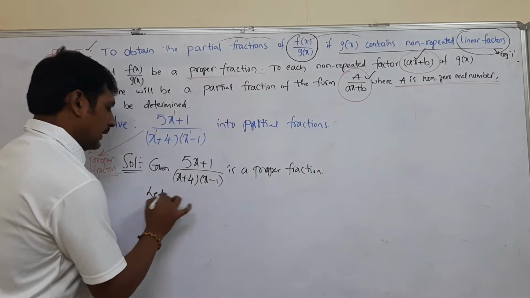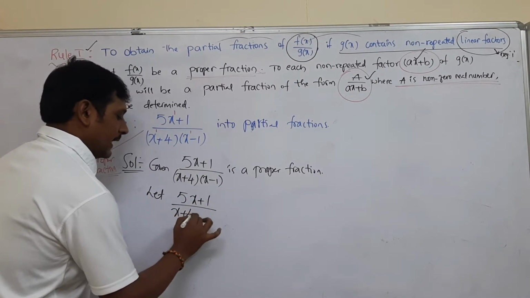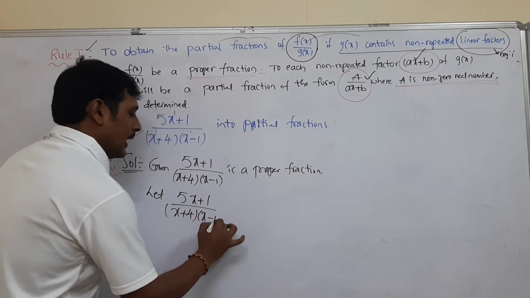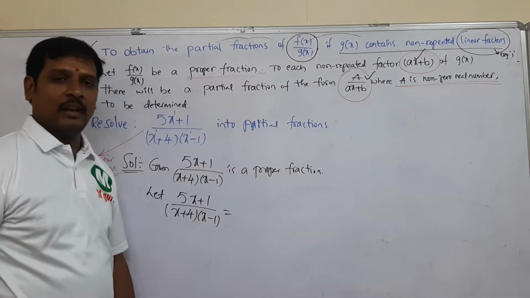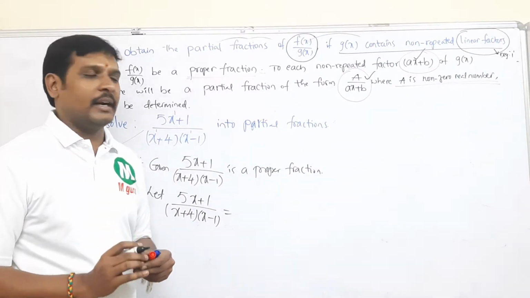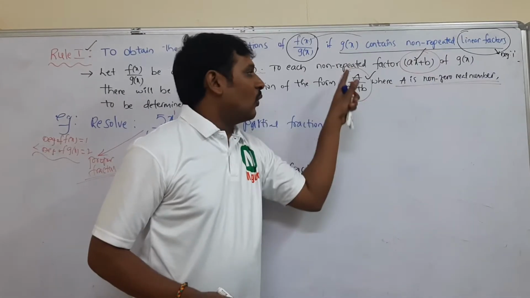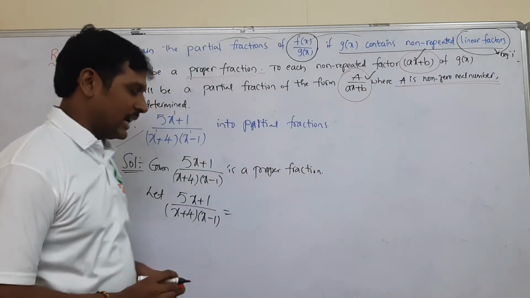So let 5x plus 1 by x plus 4 into x minus 1 be, and how we need to write the partial fraction is the most important thing. For each factor of g of x, we need to write A by ax plus b.